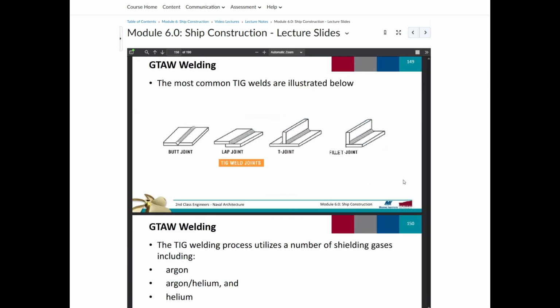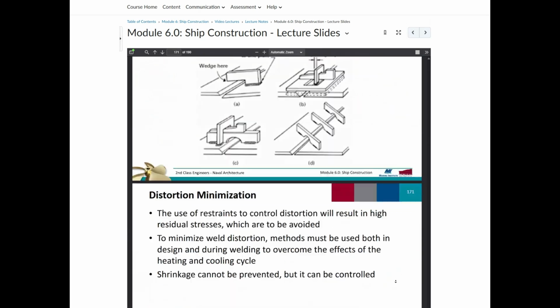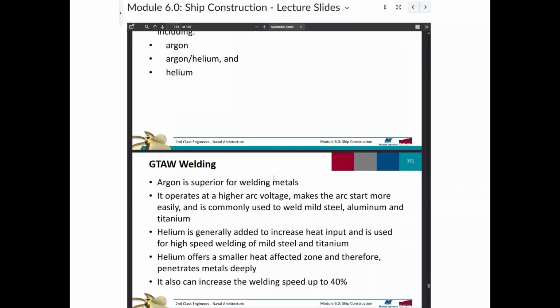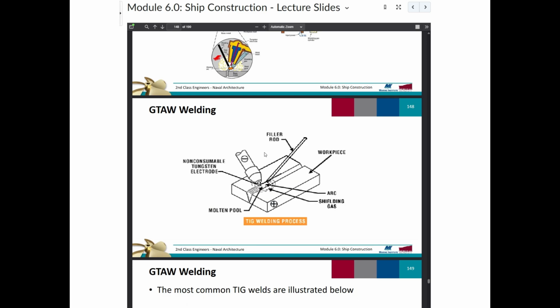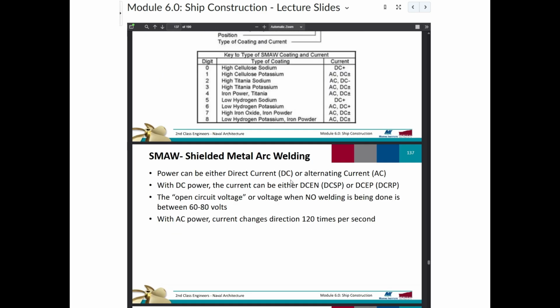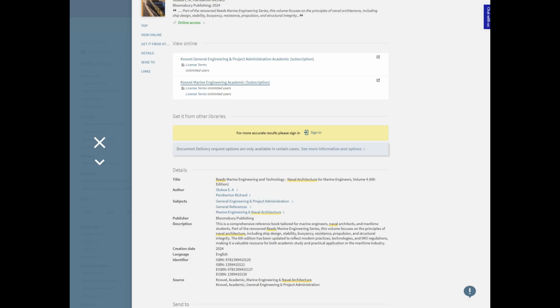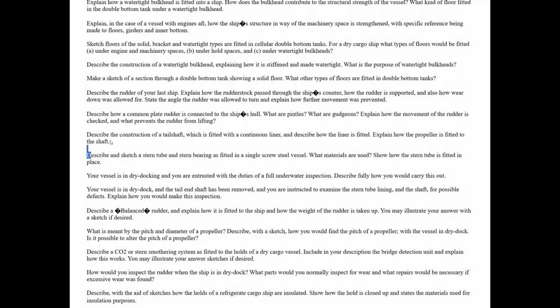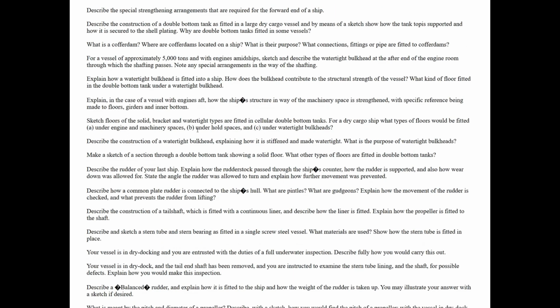And yeah, like this module, oh my god, so many pages, right? Like 190 pages. And it talks about stuff, but I'm not sure, do you need to learn this for first class or second class? You're not sure. And you look at the diesel dog theory question, describe a strike, construction of tail shaft.